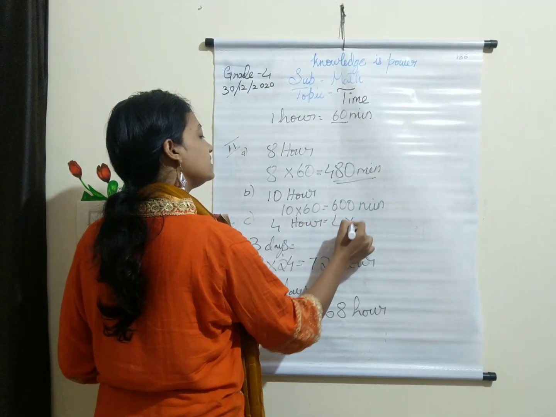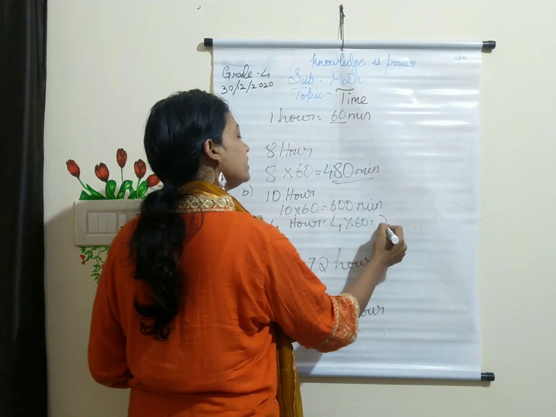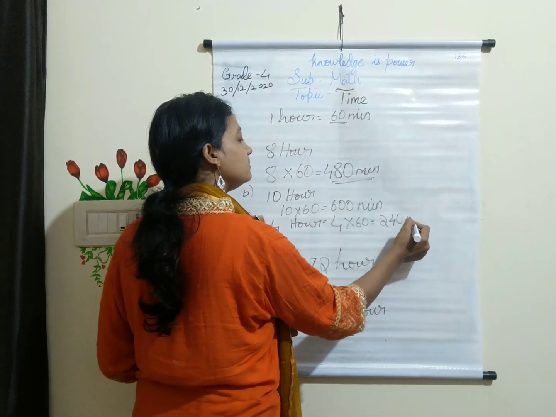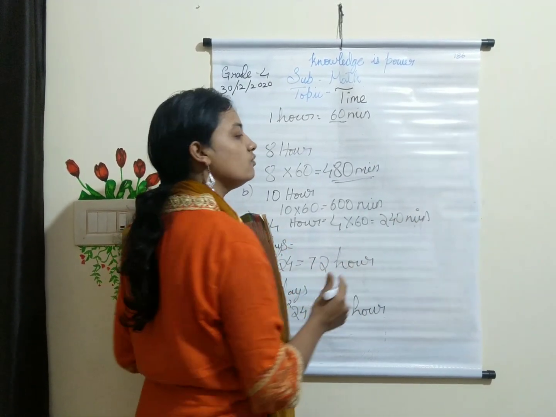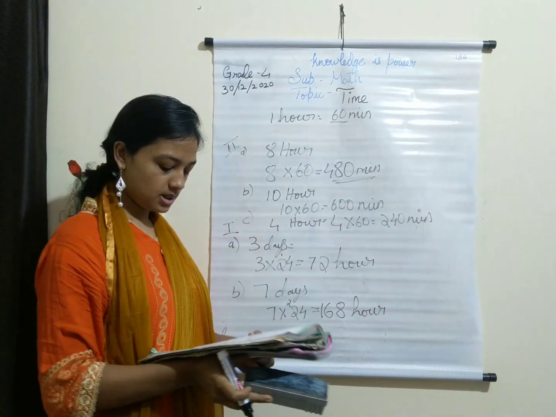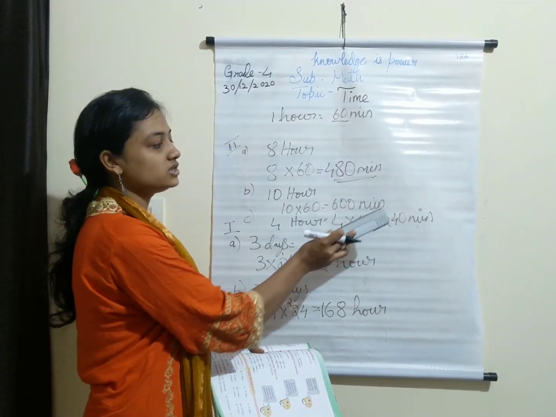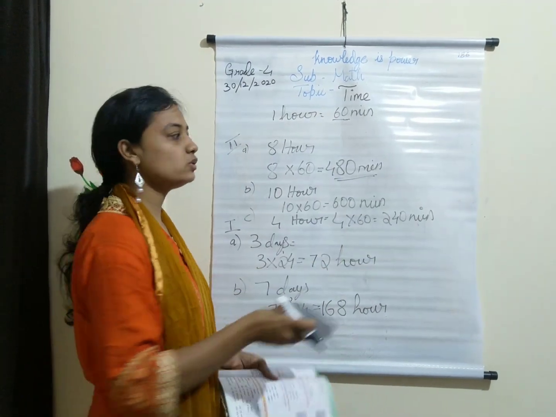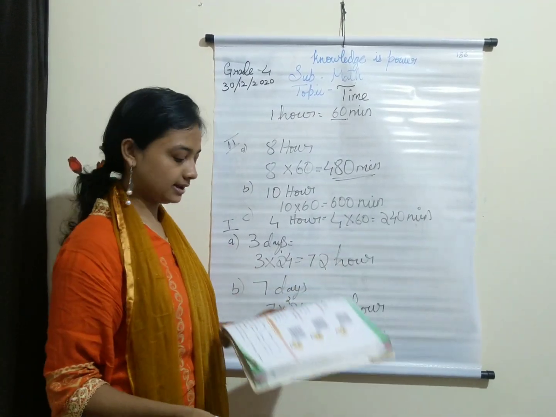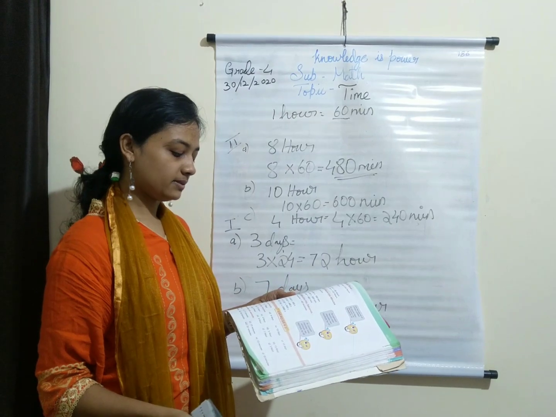Multiply 4 with 60, your answer would be 240 minutes. Similarly, for the others, you just have to multiply the number with 60 to get your answer. And don't forget to write minutes after that. We'll go for the third sum.